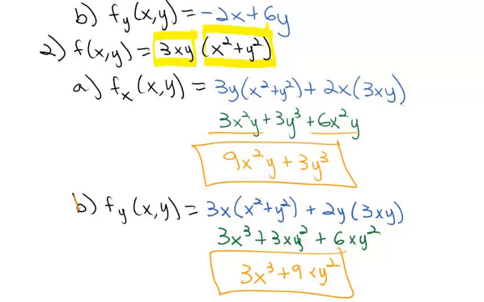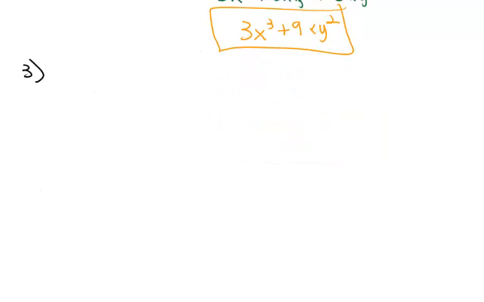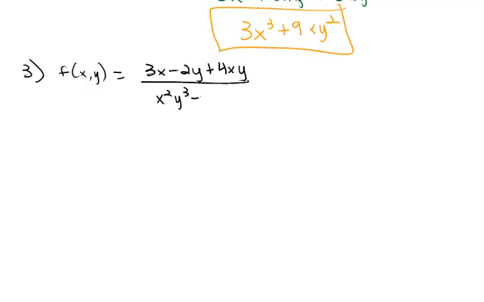Let's try another one. Let's say f of x, y is equal to 3x minus 2y plus 4xy all over x squared y cubed minus xy.